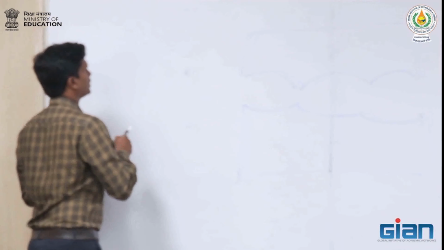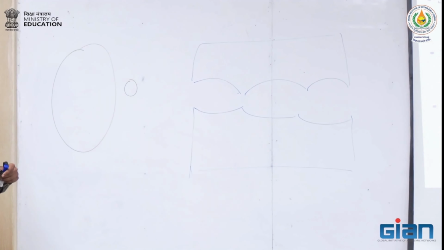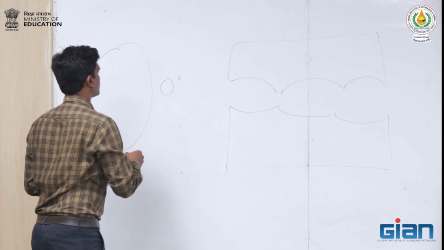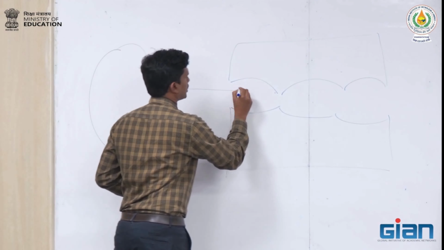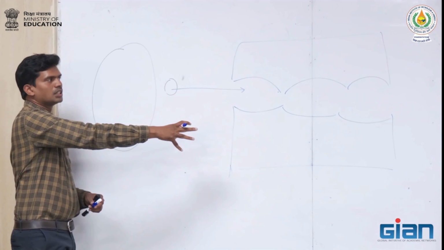Whenever you have two gases, one a small molecule and one a very big molecule, the pores only allow small molecules to go through. Only this molecule will go through it, and this big molecule will not.